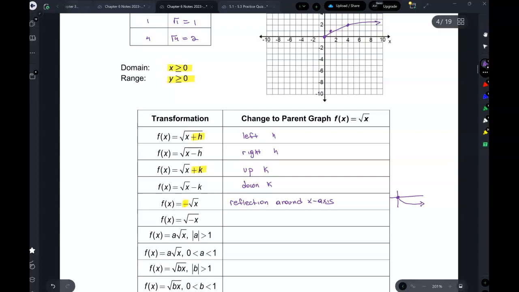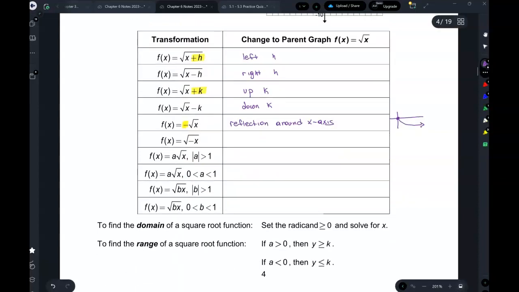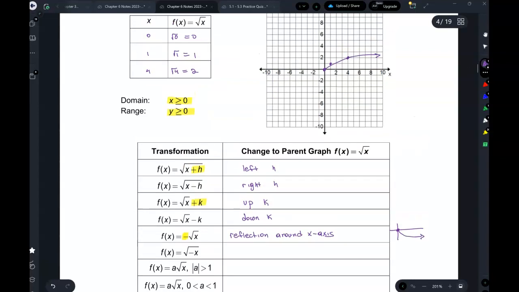Okay, now, if you have a negative x inside, now that is interesting, isn't it? So now if I have y equals the square root of negative x, can I plug in positive values for x? No. Can I plug in 0 for x?